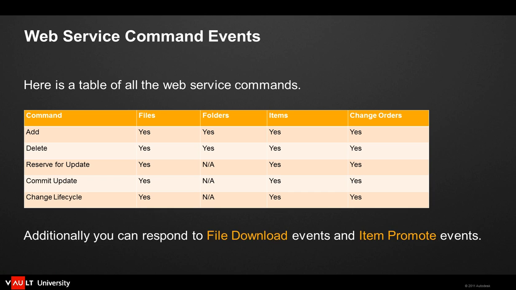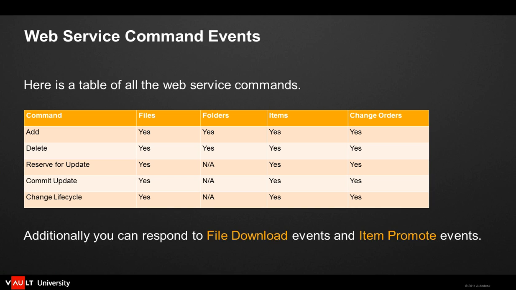Reserve for update basically means you're locking down the entity for an edit. So in files, this is called a checkout. And for items and change orders, there's a different word for it, but the concept's the same. We've got hooks for the commit, which is like the check-in for files. And lifecycle state change is another thing we've got hooks for.